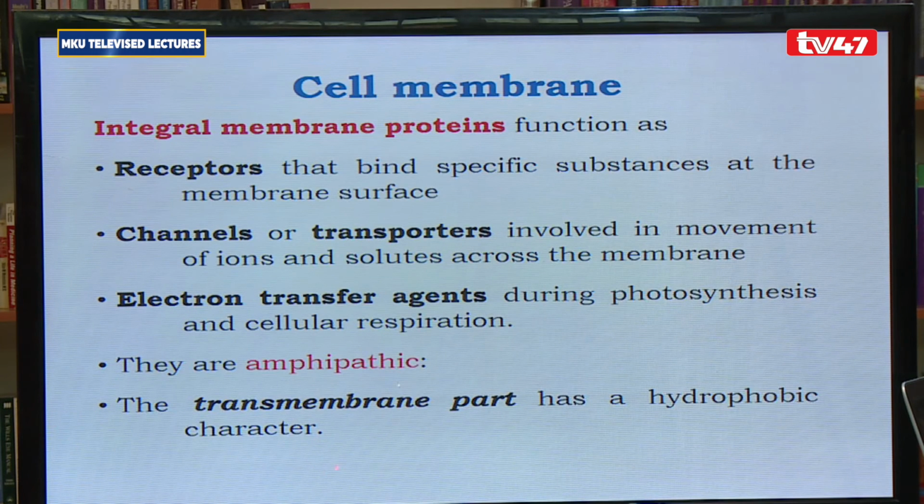Now, the ones which are transmembrane, the part which is inside the lipid has some hydrophobic characteristics.